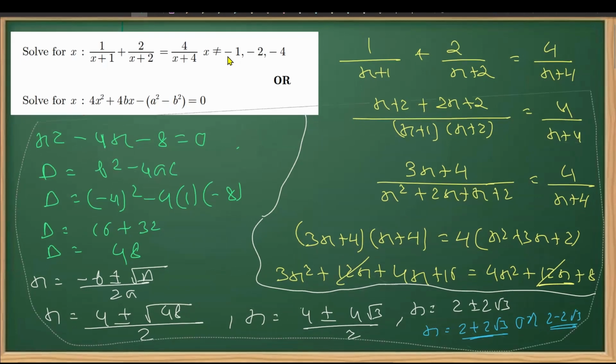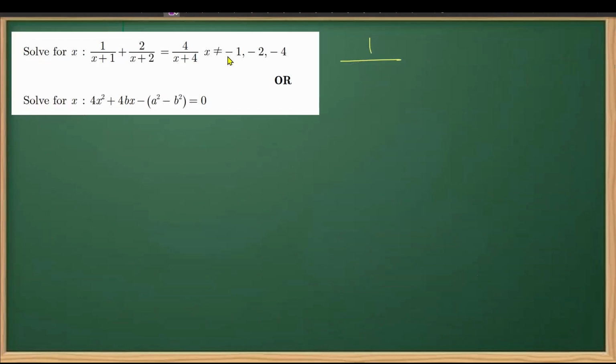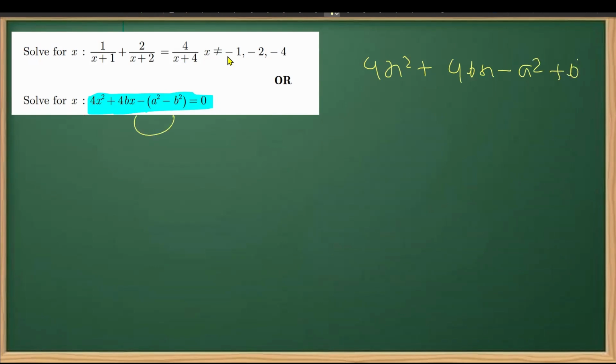Now, let me solve the next, that is the OR option here. If I write down the question, this is 4x squared plus 4bx, and I'll open this bracket, so it's minus a square. On opening this bracket, it will become plus b square is equal to 0.